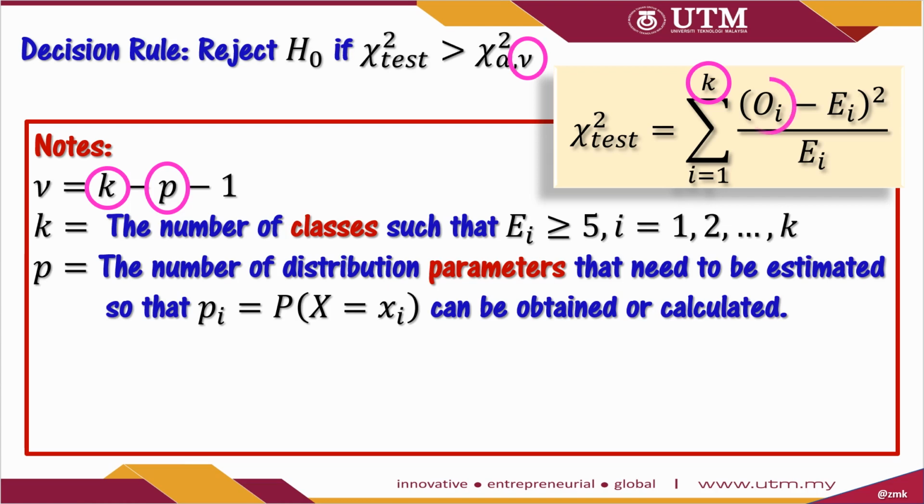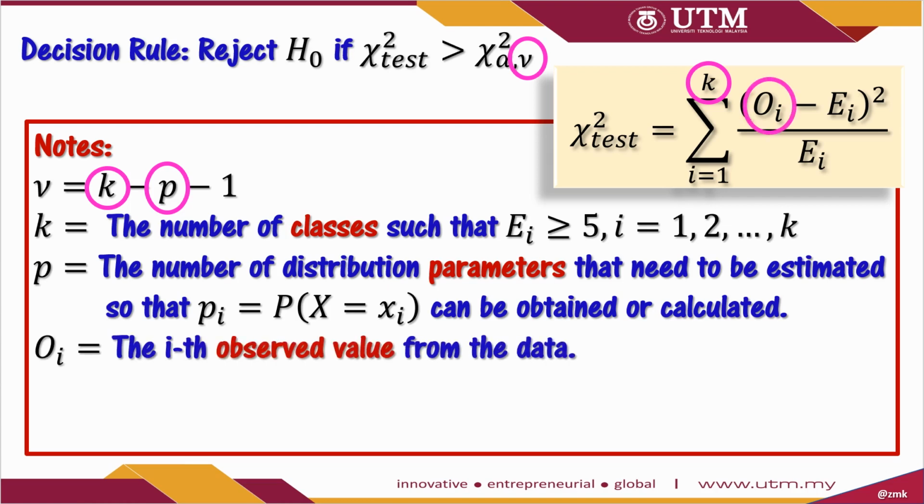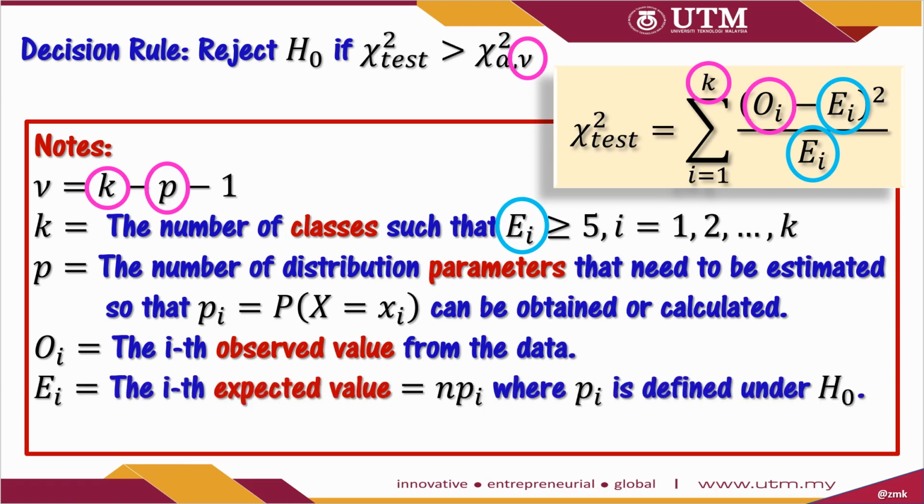The notation Oi refers to the ith class observed value from the sample data and usually is given in a question, whereas the notation Ei, which occurs in the condition for k and in the numerator and denominator of the chi-square test formula, is the ith class expected value defined as n times pi, where pi, as mentioned before, is defined under H0.